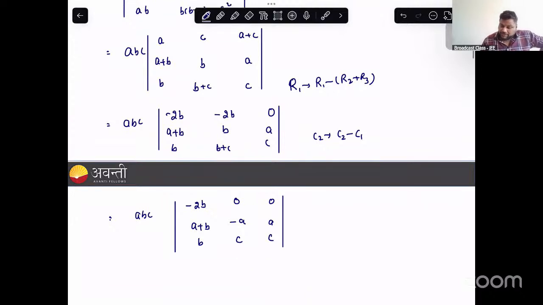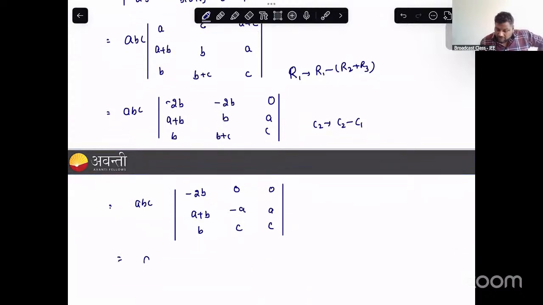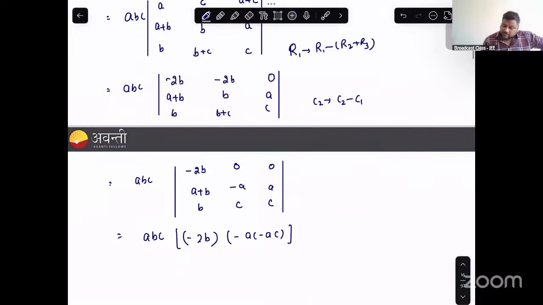Now, if you expand along the first row, you get ABC into minus 2B times minus AC minus AC. So it is ABC into 4 times ABC. So it is 4 times A square, B square, C square.